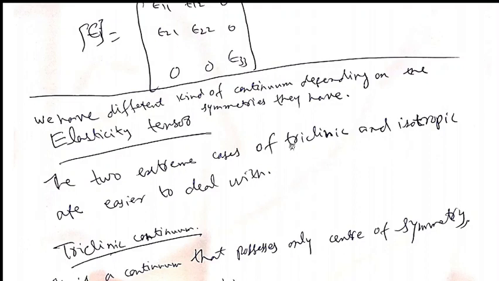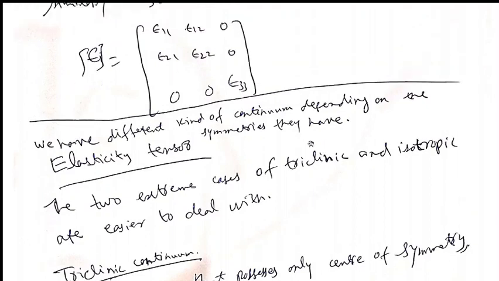Extreme in the sense that this has maximum number of independent components and this has minimum number of independent components. That isotropic continuum has large number of symmetries and this has very small number of symmetries. So when a continuum has more symmetry, then its independent components will be reduced, and if a continuum has less number of symmetry, then its independent components will be more.